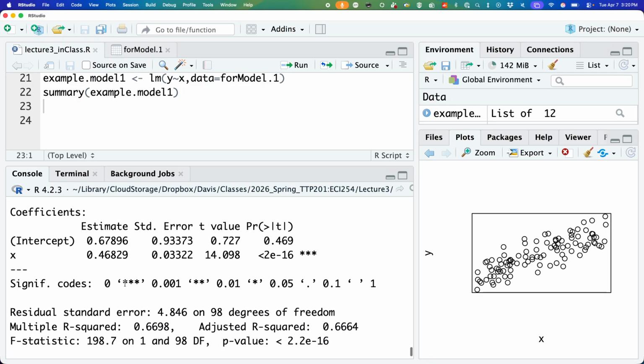And we have now a whole bunch of other information in here. We have like the coefficient estimates, which are going to match what we saw earlier. But we also have these like standard errors and t-values and probabilities and tests of significance. We have r-squared values, adjusted r-squared values. We have F statistics.